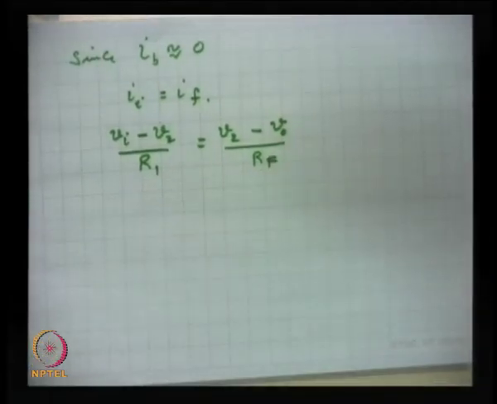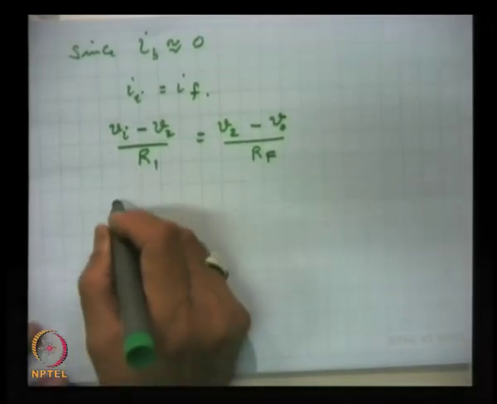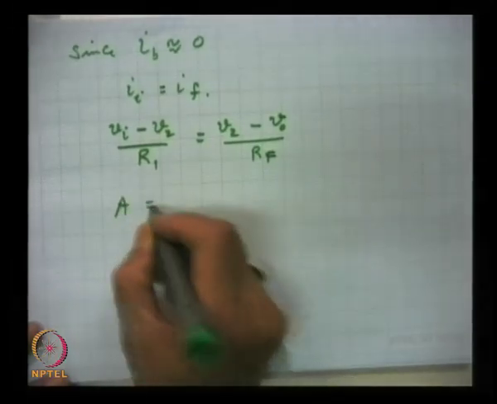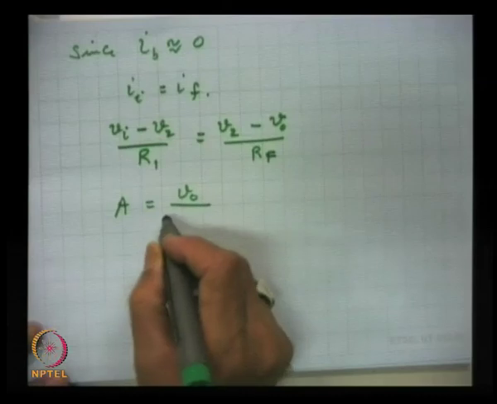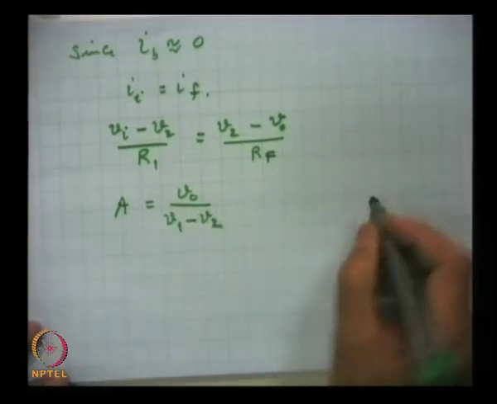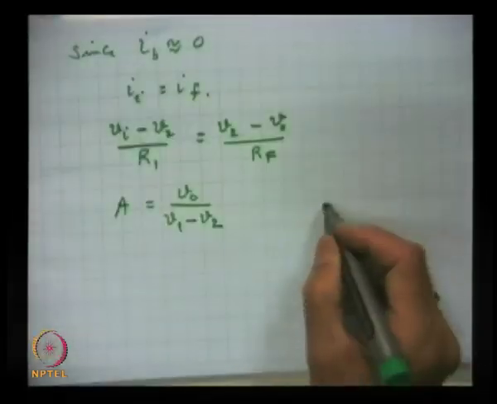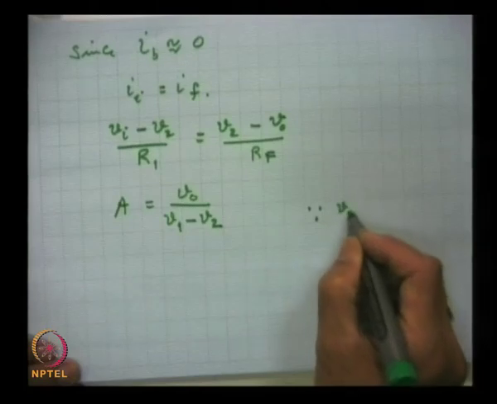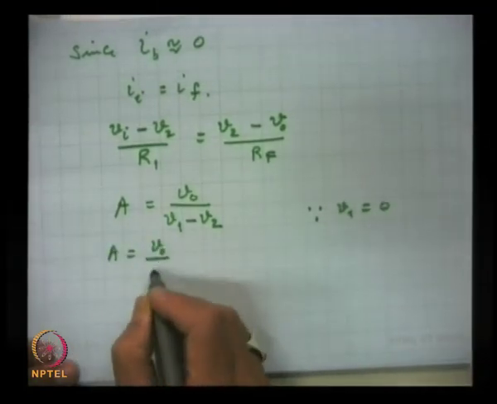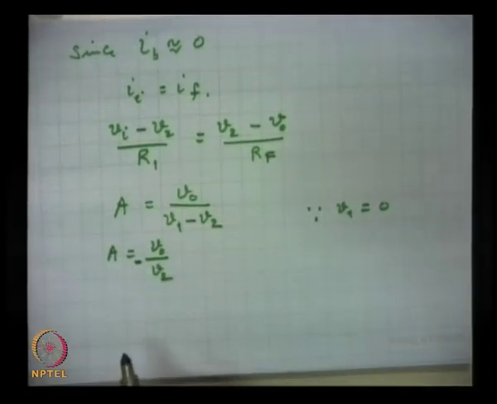And from here, what will be the gain of the amplifier? This is equal to V0 by the difference of the two voltages V1 and V2, but V1 is 0 because it is grounded. So since V1 is 0, A is V0 by V2, and of course there is a minus sign here.